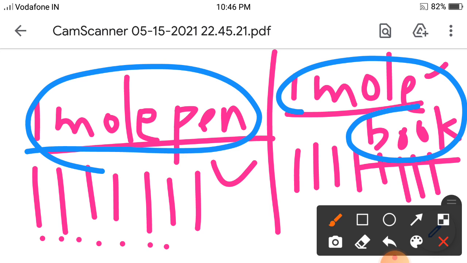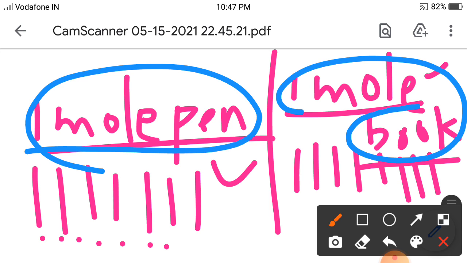They may or may not have equal mass. Sometimes one mole of pens and one mole of pencils may have equal mass, but one mole of pens and one mole of books have different masses. So that is the mole concept.